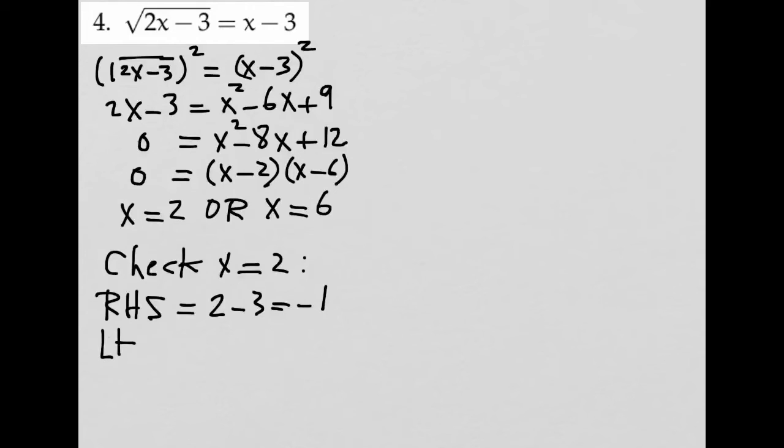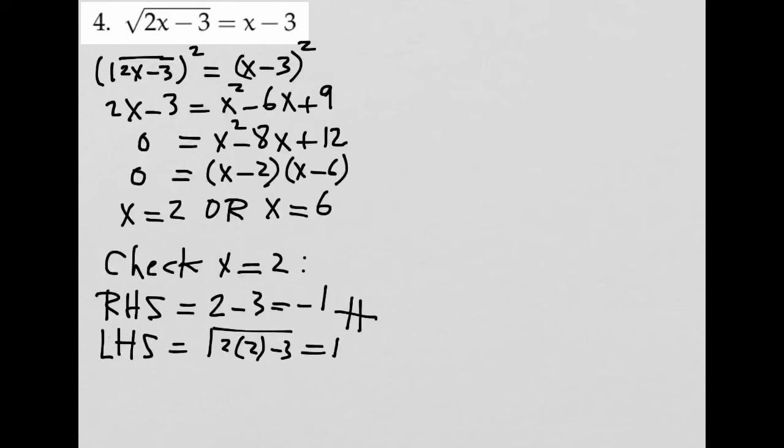If we plug in x equals 2 in the left-hand side of our original equation, we get square root of 2 times 2 minus 3. That's square root of 4 minus 3, which is 1. Obviously, the left-hand side and the right-hand side are not equal to one another.